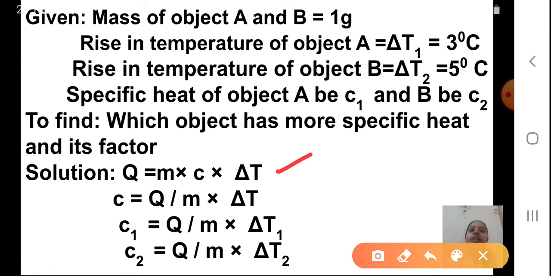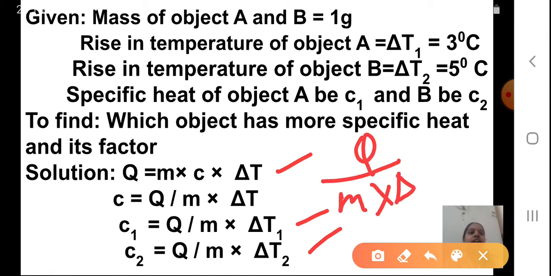So I have rearranged the formula as C is equal to Q upon M into delta T. So C1 will become Q upon M into delta T1, and C2 will become Q upon M into delta T2. Students, did you understand this?